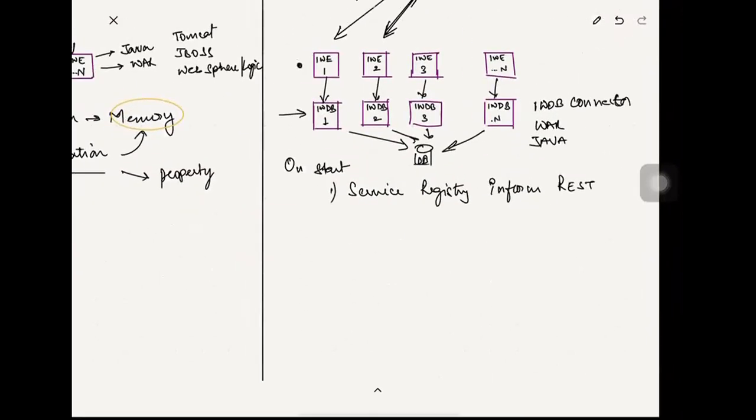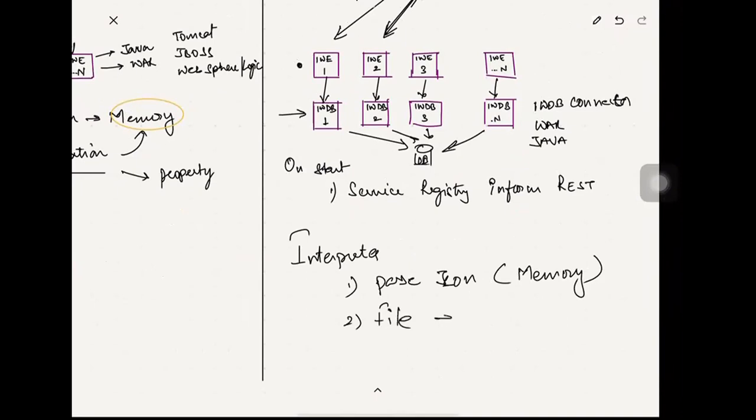Now, the interpreter does the following. First, it parses the JSONs, the same thing it used to do before, and keeps them in memory. Second, it keeps the files in the file location itself, so next time it can read them.